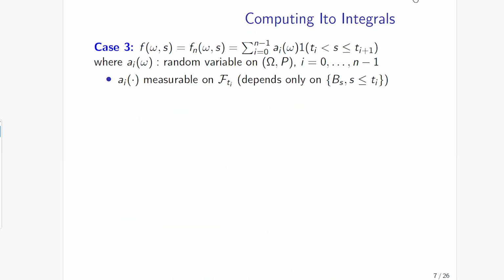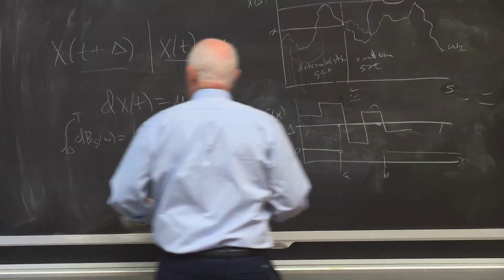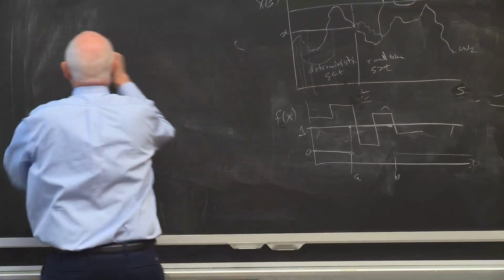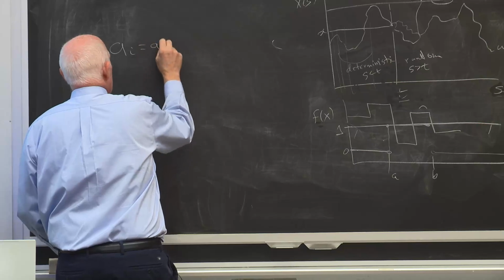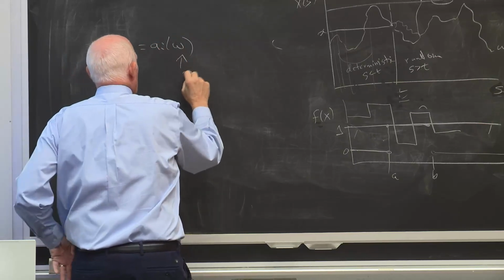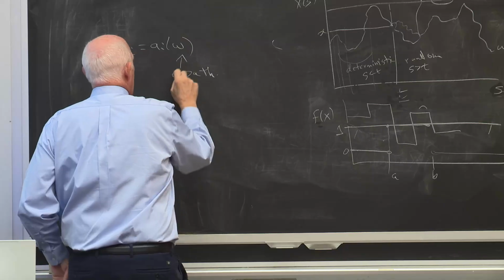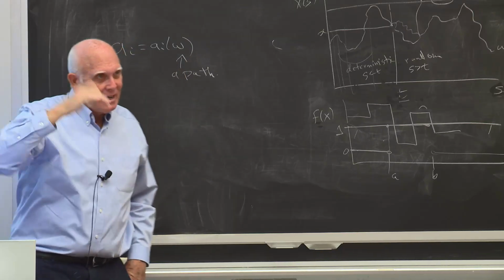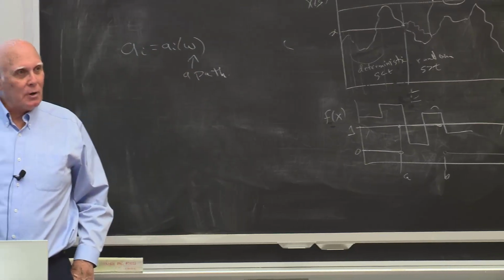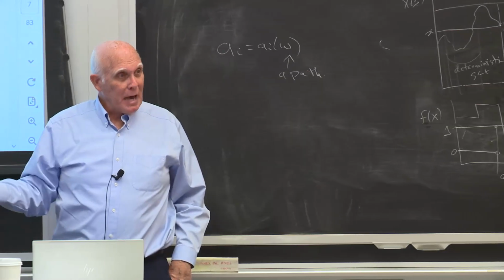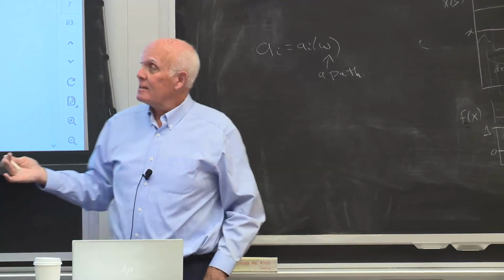So now, case 3, things get more interesting. We can allow our levels A_i to be random variables, so A_i equal to A_i of omega. This is a path, and so we can have the levels vary depending upon what the path value is.